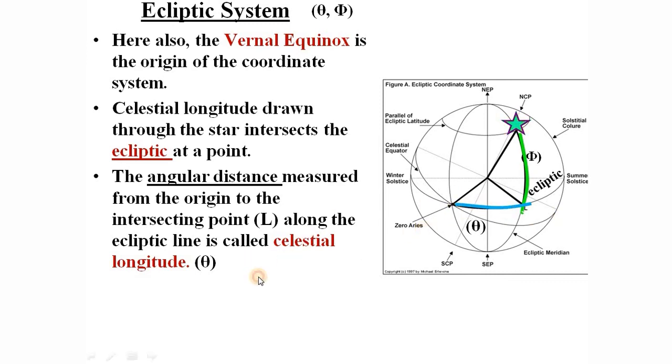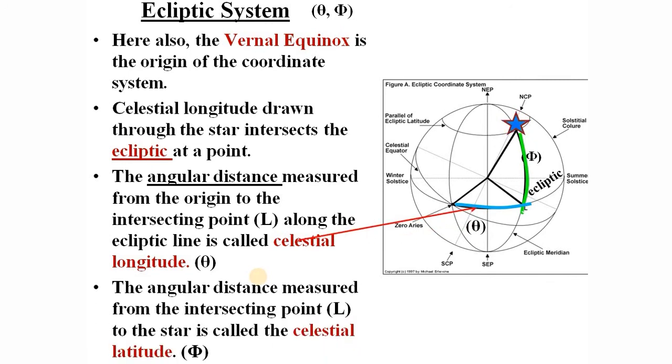And we have the second coordinate. What is that? Celestial latitude. The angular distance measured from the intersecting point to the star is called the celestial latitude. This way, celestial longitude and celestial latitude are the coordinates used in the ecliptic coordinate system, and the origin is taken from the vernal equinox. Hope the ideas are clear.